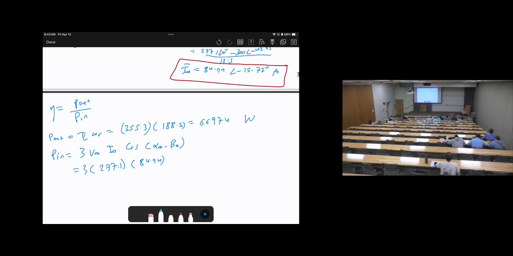Keep in mind, substitute only the magnitudes. Don't put the angle negative 15. And here, cosine of alpha minus beta. Alpha is 0, beta is negative 15.72 degrees.